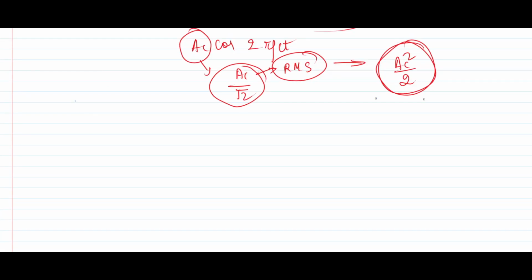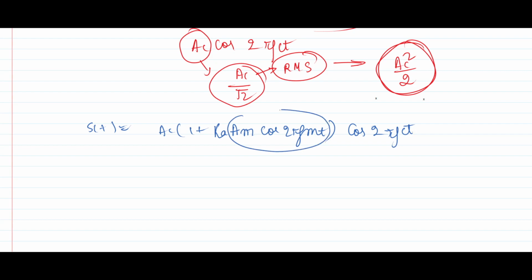Now let us find different ways to find the power of a complete signal. The signal was given by Ac(1 + ka m(t)) cos 2 pi fc t, where m(t) is Am cos 2 pi fm t. I have done nothing except writing m(t) as Am cos 2 pi fm t. What would be my next step?